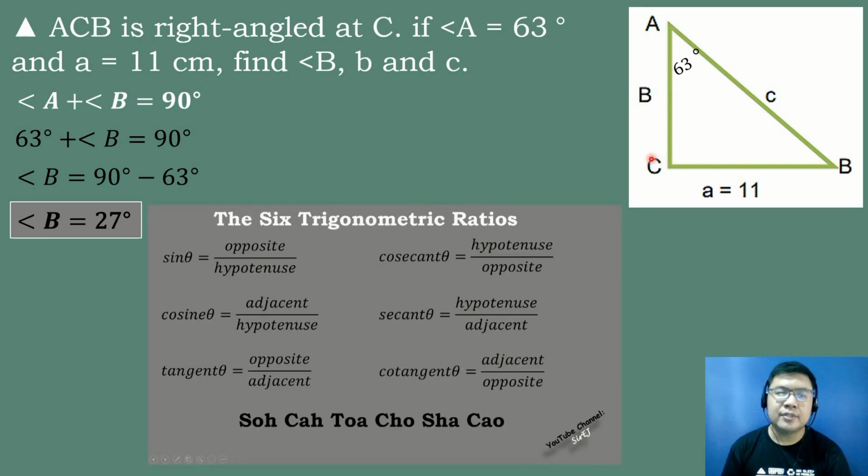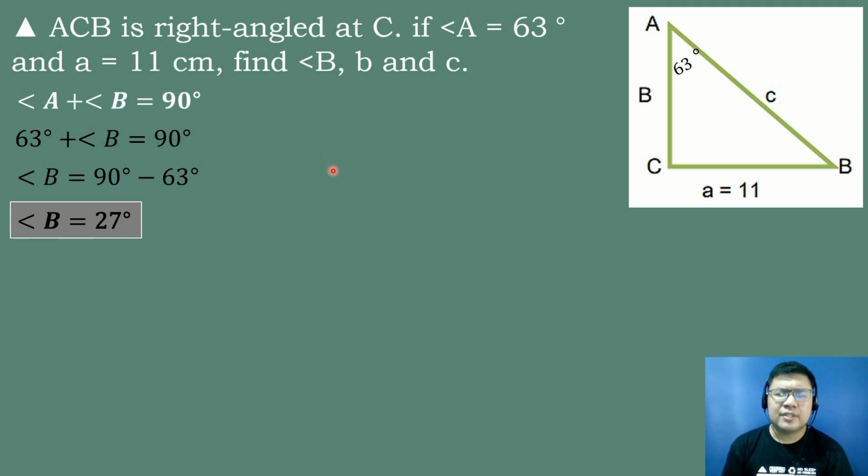So we can use the tangent, TOA, opposite over adjacent, or cotangent, adjacent over opposite. So let's use tangent for this problem. So we have tangent theta is equal to opposite over adjacent. So substituting the corresponding value, we have tan 63 degrees is equal to the value of the opposite side, which is equal to 11. Then the value of the adjacent side is equal to b, unknown.